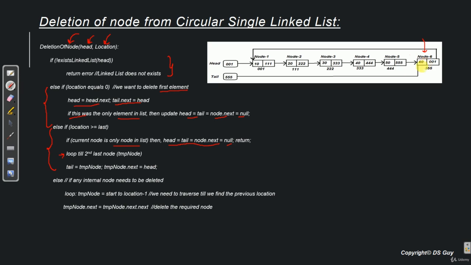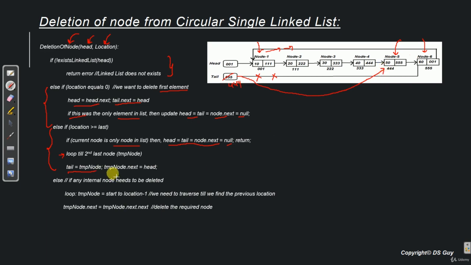Then we run a loop starting from the first node, keep traversing towards right until we reach the second last node. Once we reach there, we say tel is equal to temp node. That is, tel will be updated to temp node. Temp node is node 5 right now. So tel gets 444. So this link over here gets destroyed and tel now points to node number 5.